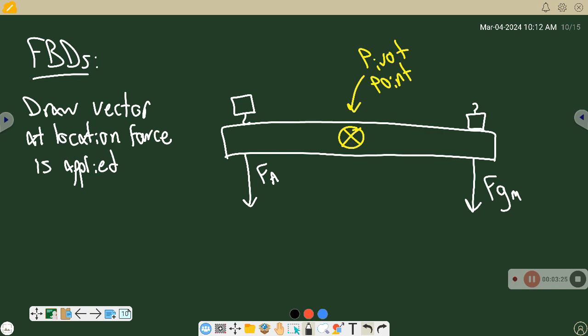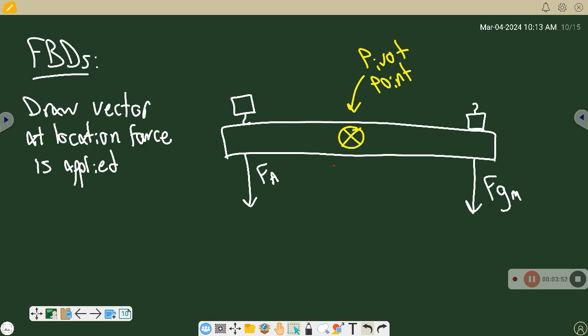Here, yes, there's a positive and a negative, but I think it's easier to talk about the object in terms of the directions of clockwise and counterclockwise, right? So if we look at this force right here, the force of gravity from this object, ignoring the force on the left there, if it was just this force of gravity acting on the object, it would cause the object to rotate clockwise, right?